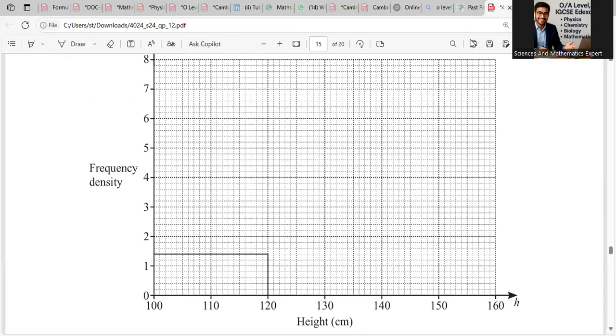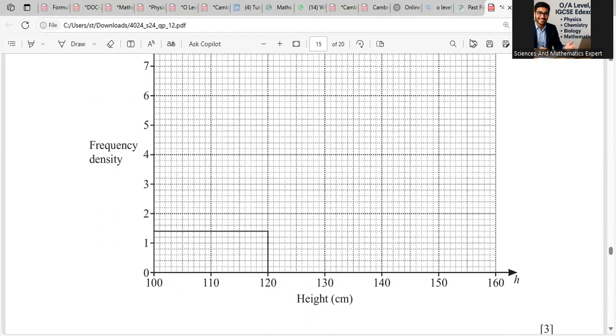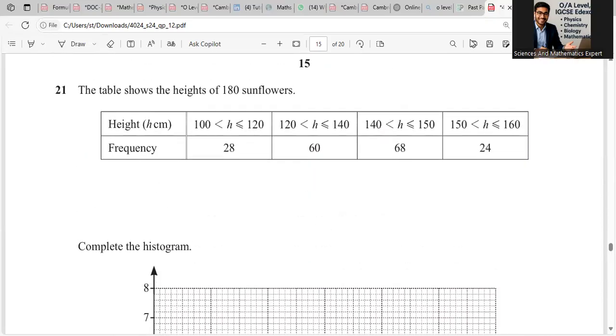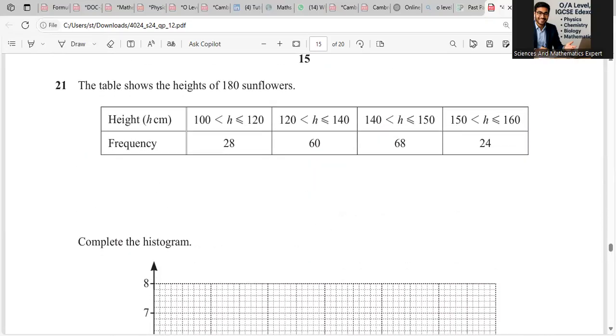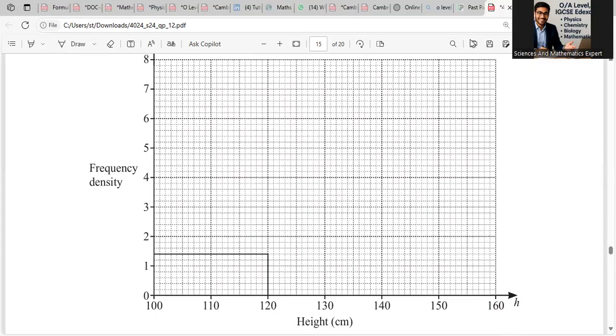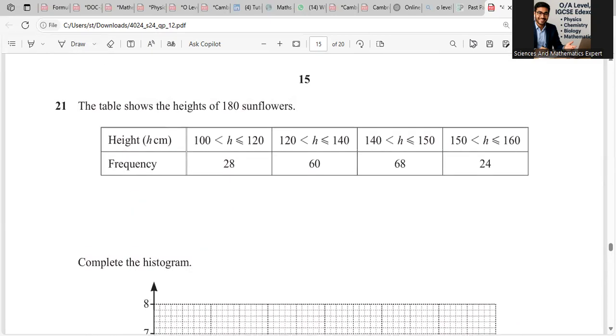For the first value, 100 to 120 is taken, and he has shown us the height, which is the frequency density to be drawn. Frequency divided by class width should be taken into account.